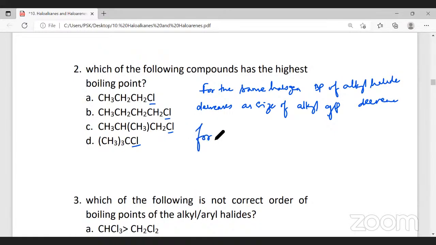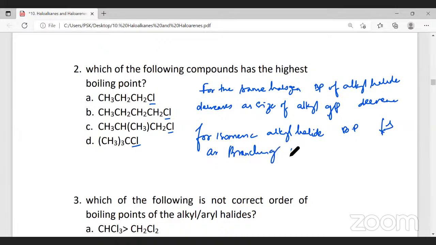Isomers are compounds having the same molecular formula but differing in the positions of the substituent. That will be called position isomers. So as the branching increases, you should remember the boiling point decreases.